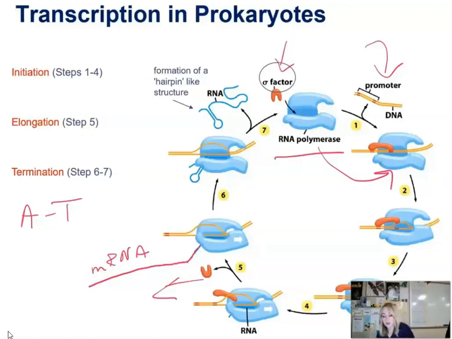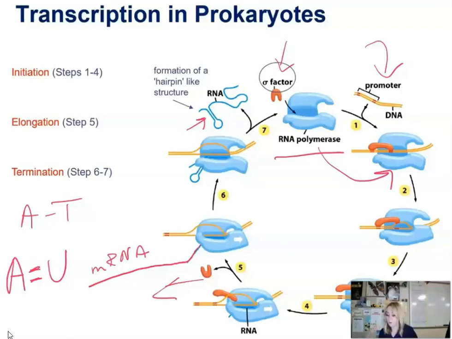And then you can see when you have an A and U, they can actually form hydrogen bonds in between, and this is what happens. This tiny little hairpin-like structure is going to form. And this structure is going to signify the end of transcription. So RNA polymerase is going to dissociate from the DNA, release the DNA molecule so it can coil back up again, and then basically transcription is completed.